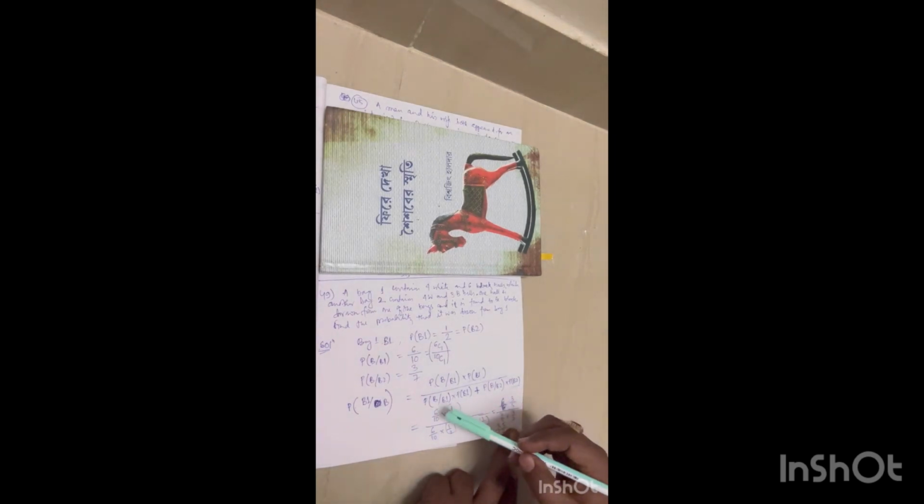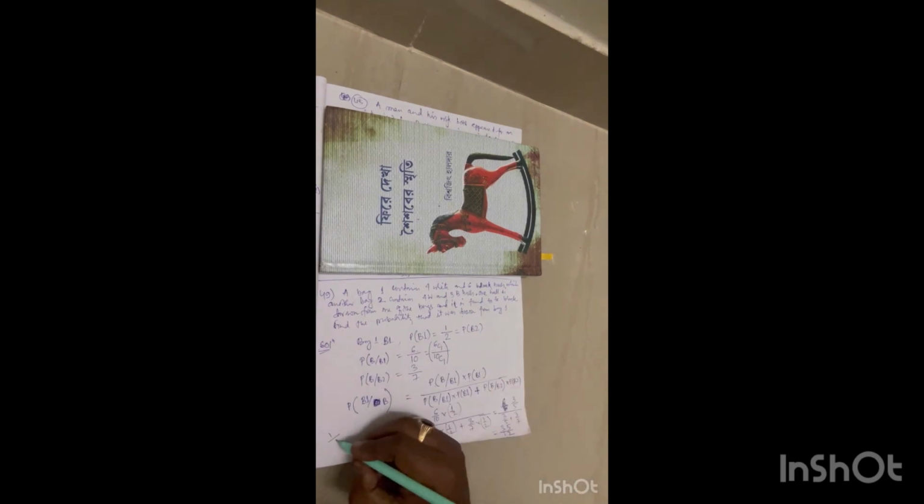Now let me check the calculation once again. This is 6 by 10, that is 3 by 5. This is 3 by 5. This is 3 by 7. Okay, so half will be cancelled out. Now if I calculate, 3 will be cancelled out, so this will become 1 by 5 upon 1 by 5 plus 1 by 7.